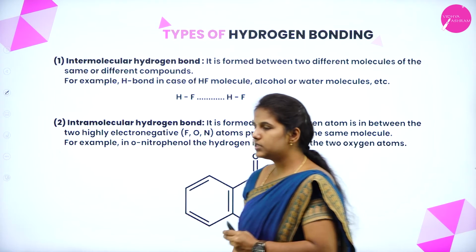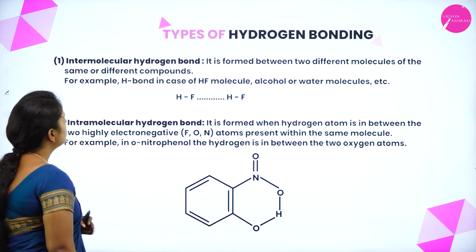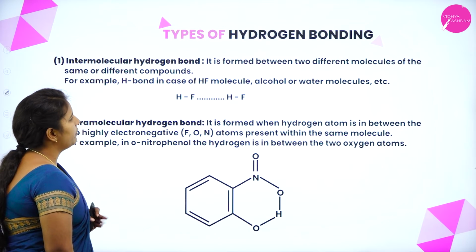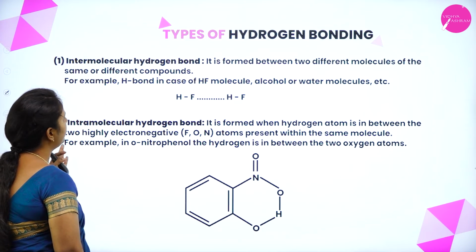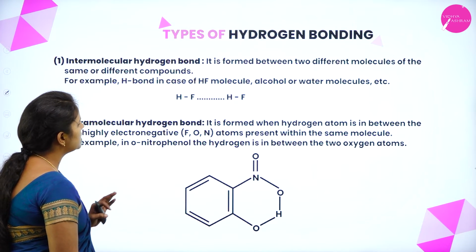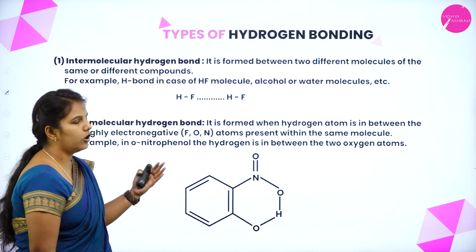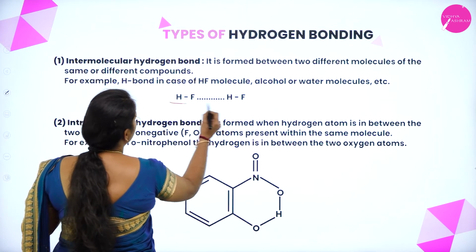Let's see what intermolecular and intramolecular hydrogen bonding are. Intermolecular hydrogen bonding is formed between 2 different molecules of the same or different compounds. For example, hydrogen bonding occurs in the HF molecule, in alcohol as well as in the water molecule, etc. So I'll go with the HF molecule.